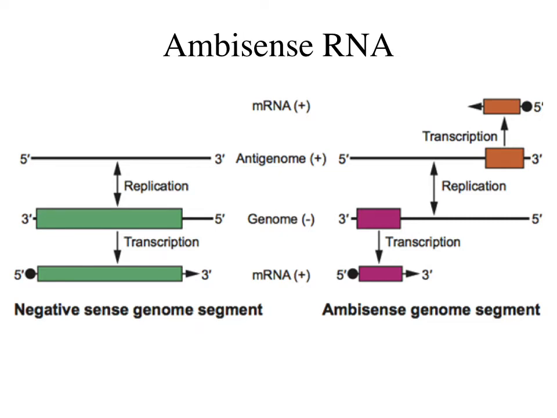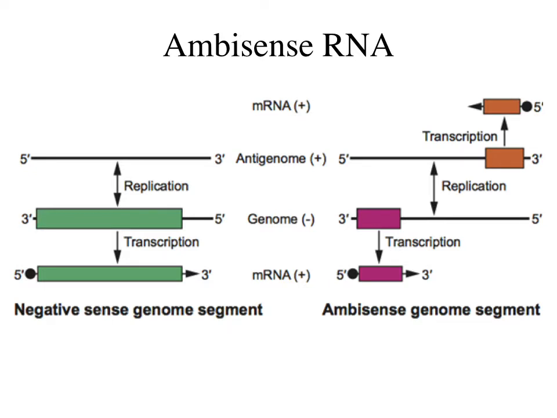With ambisense, what happens is that one half of the segment has one polarity and the other half is different. So if you look at the right hand side, what you have here is a minus strand genome, which is in the middle, and full-length copies of that are replicated, but you have messenger RNA being transcribed from the 3' end only of the negative strand genomic RNA.